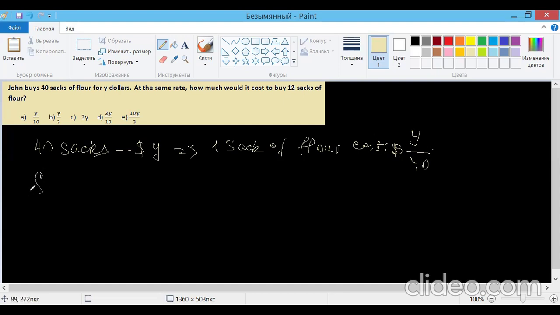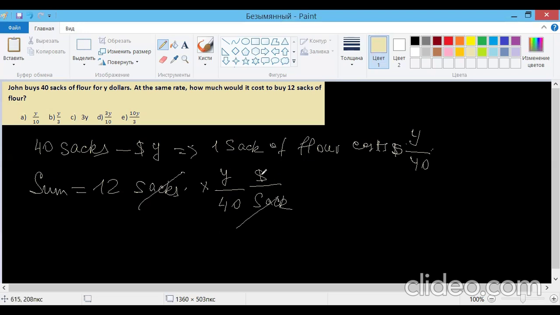And finally, let's write it: sum is equal to 12 sacks of flour times Y over 40 dollars per sack, and we'll get finally dollars, so it means 12 times Y over 40.